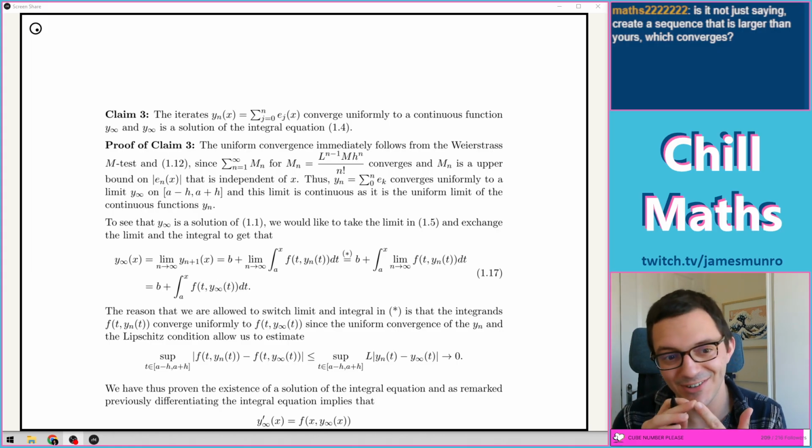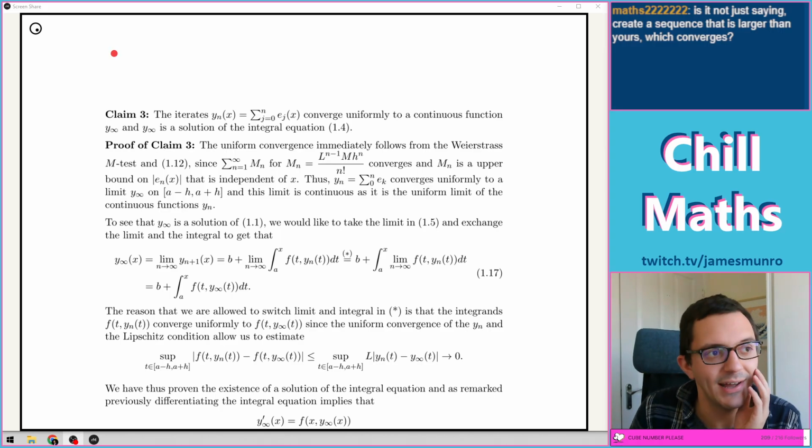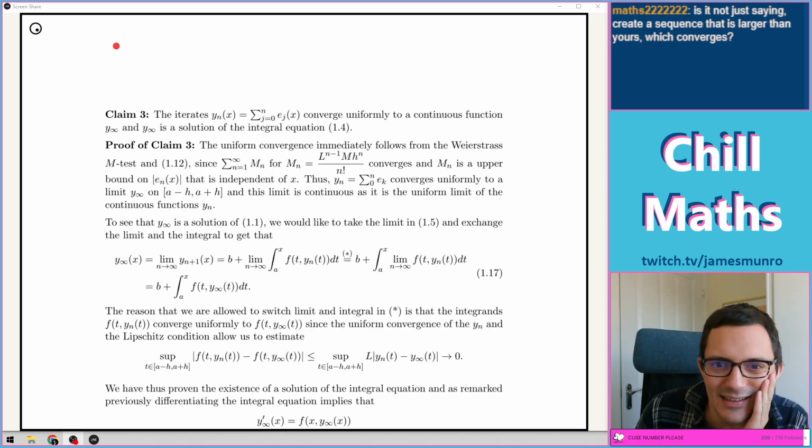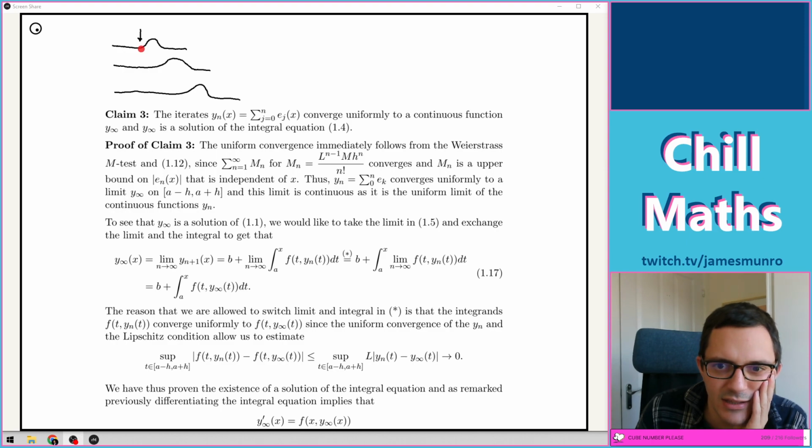If you have a sequence of functions, there is some weird behavior that you can have where at any particular value of x, the function is settling down. So here, at this particular value of x, the value is non-zero and then very small and then basically 0.